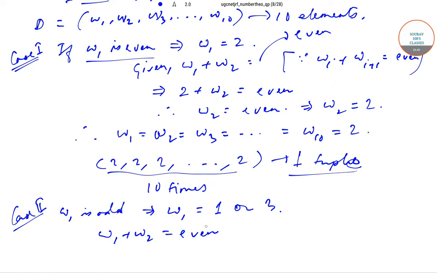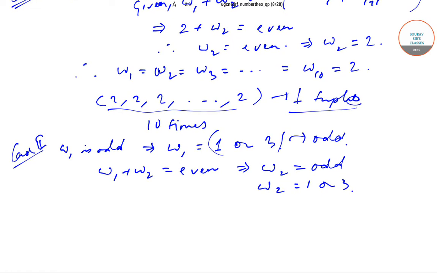W1 is an odd number, so if upon addition with some number the sum is an even number, that implies that the number to which W1 has been added, W2, is also odd. Now if W2 is odd, that implies that W2 is also either 1 or 3.